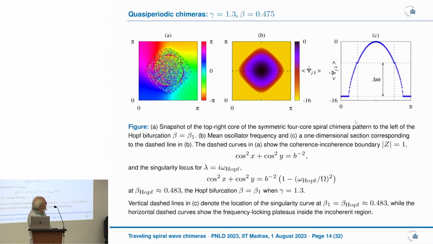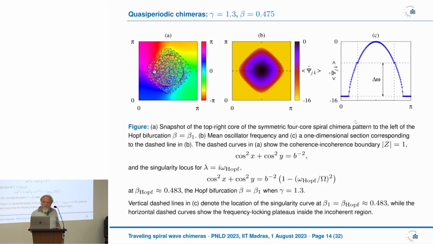So let's look at one of these cores, and I think this is an interesting observation. You have a boundary of this incoherent core in a dashed line. That corresponds to r equals 1. Outside that region, r equals 1, and you have the coherent wave going around this core in a clockwise direction.